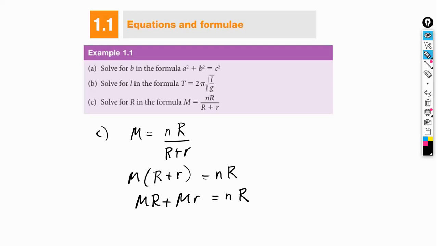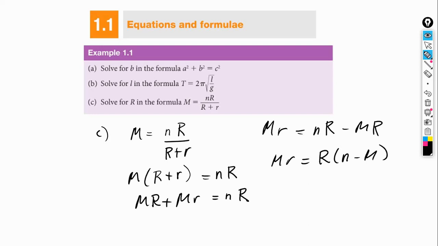So what I'm going to do is bring the r's to the right. So we can rewrite this as m times small r is equal to n times capital R minus m times capital R. So what we do next is that we factor out R, and we get the expression R times (n minus m).